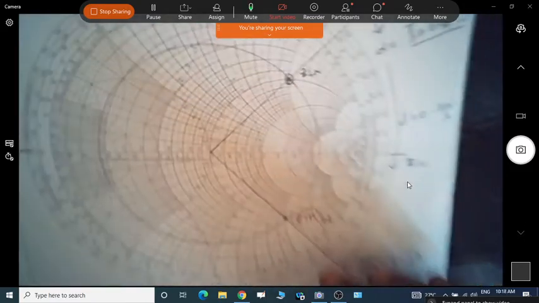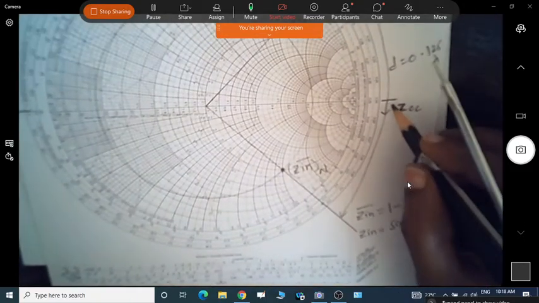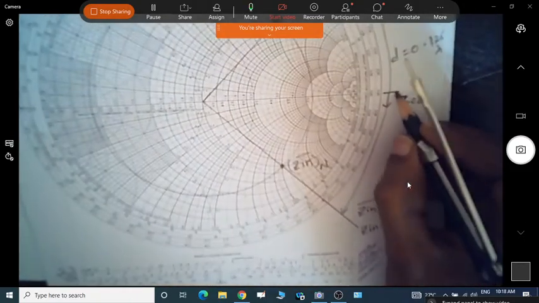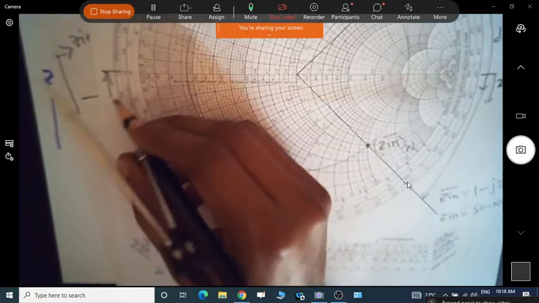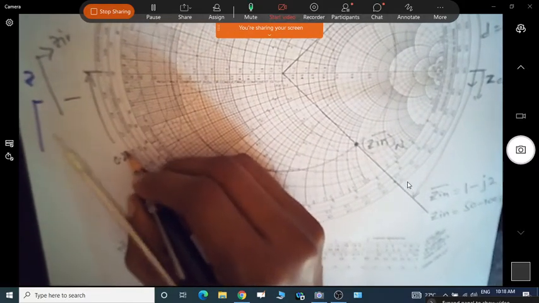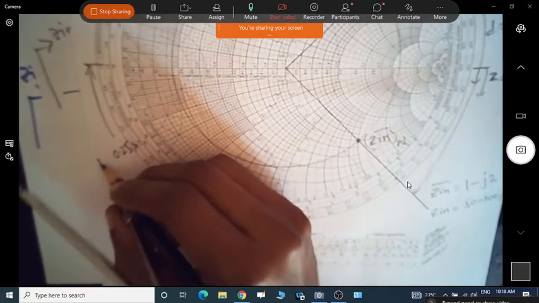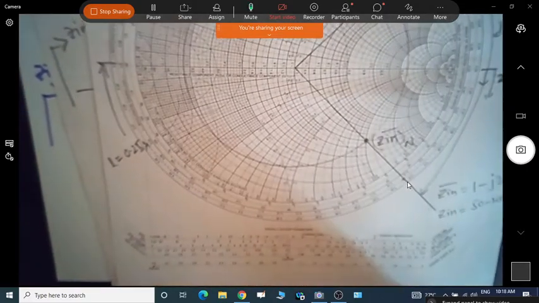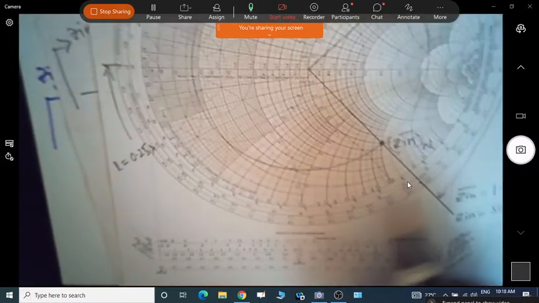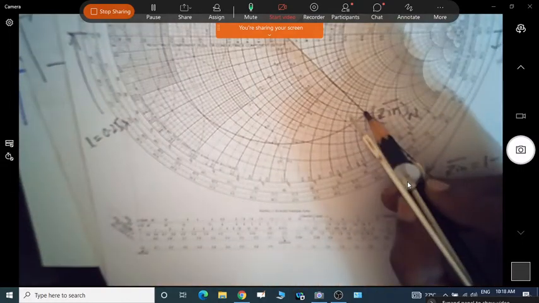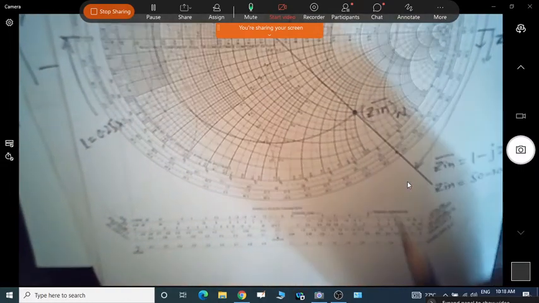This is the complete length from the open circuit point till 0.25 lambda. So this is the length of the stub. Since we have the reactance 0, the input impedance is the same point.